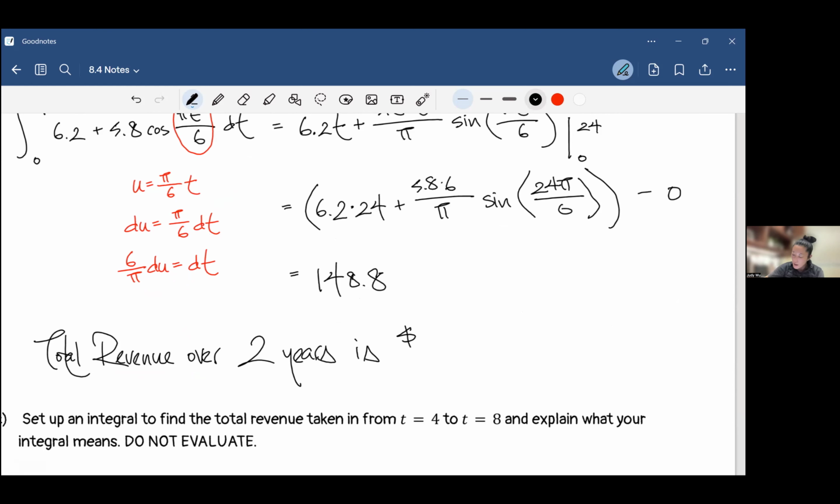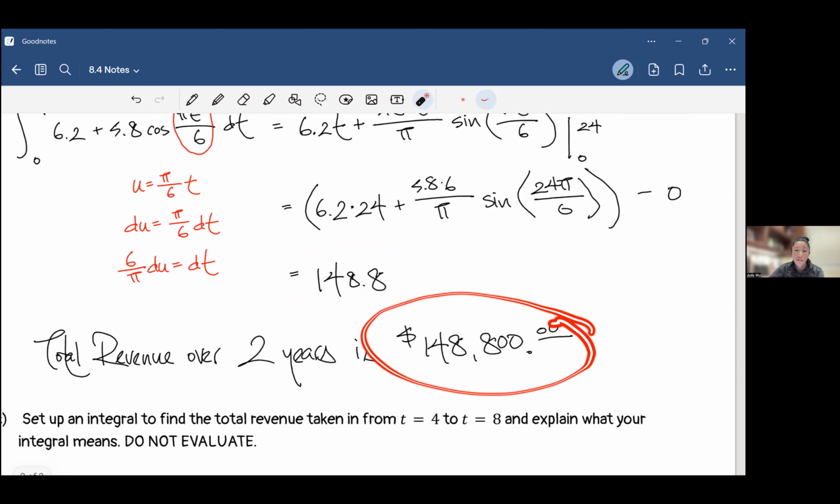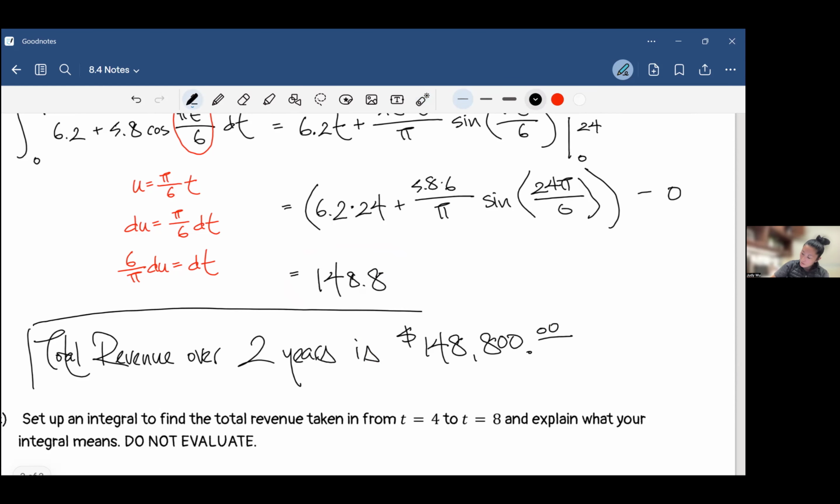Like how much money you're bringing in. $148,800 is how much revenue. It's not $148.80. Remember, this is in thousands of dollars. So we end up with that much times 1,000.